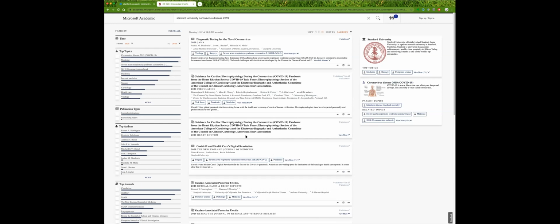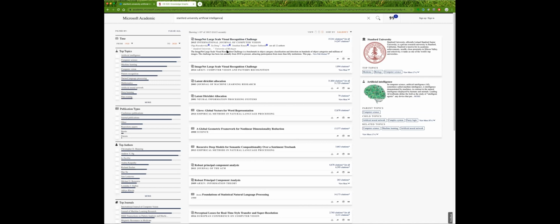It will show you in the middle all the papers published by Stanford on COVID-19, and on the left again it shows you some basic entities related to both Stanford and coronavirus COVID-19.